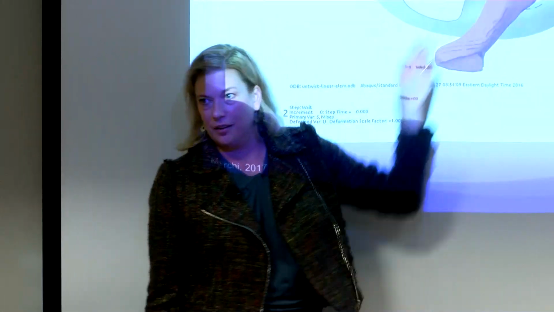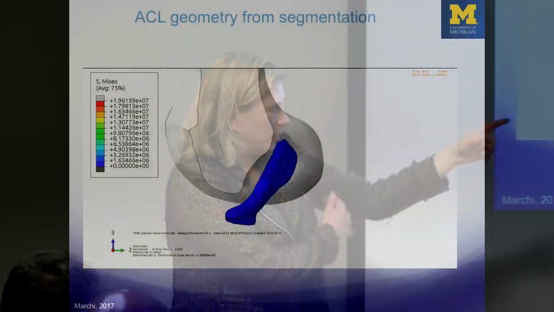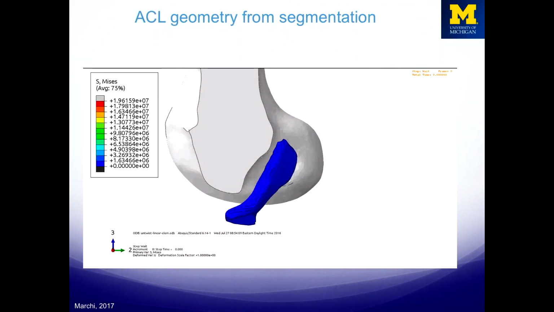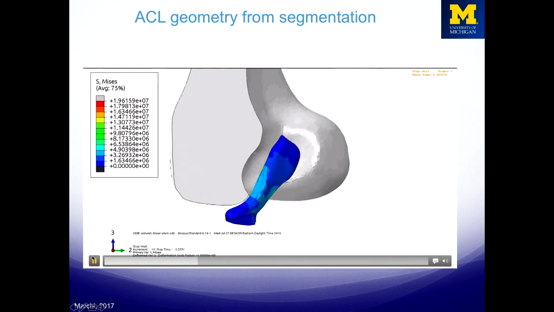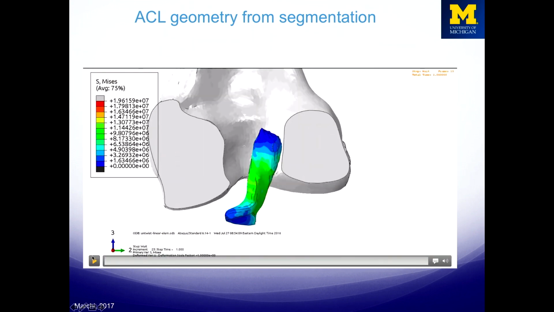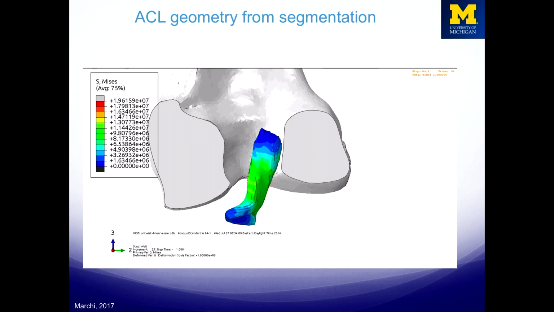And what we have from an MRI is just a blob of ACL. So what we figured out how to do, again, another brilliant student, Ben, he took the blob from the MRI, untwisted it. Okay, so now it's in the state that we would be in before we split the tibia to look at the two tissues.